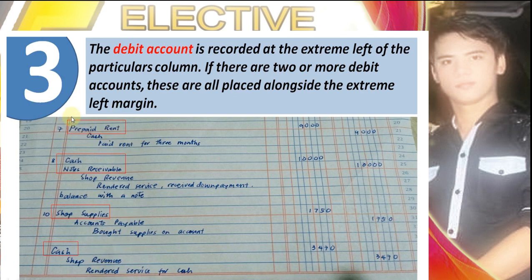So it is at the very left. No indention. It is written at the very left, almost touching the line. So if there are 2 or more debit accounts like this one, they are written aligned with each other. There is no indention.